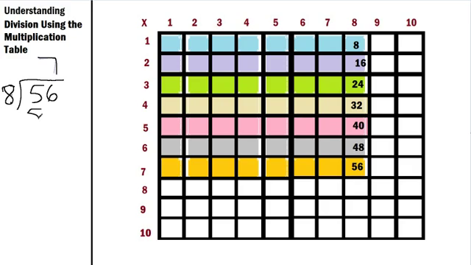So we write it like this. We got rid of 56 things. We don't have anything left to get rid of. So our answer is at the top. Our answer is 7, because 7 times 8 is 56. 56 divided by 8 is 7.